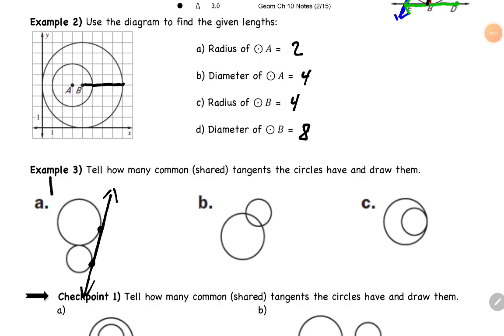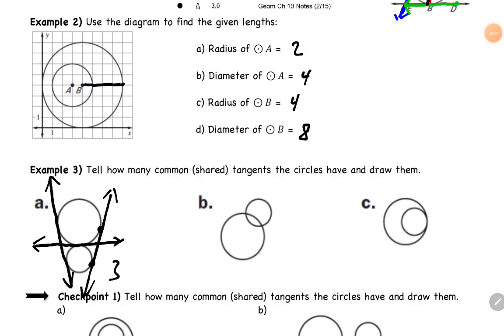This would be another. Now, is there any way for me to draw another commonly shared tangent? Yes, there's one more, because technically in between, they only touch at one point. So that would work. So this one has 3.